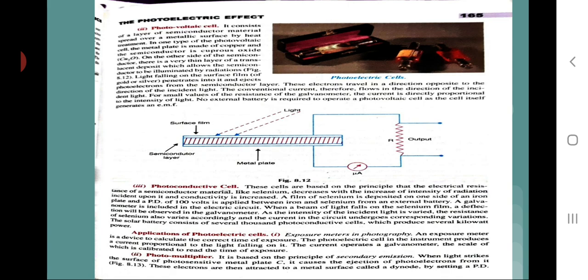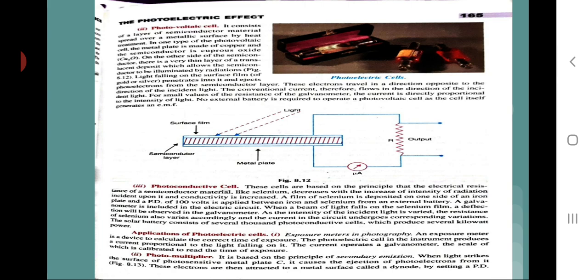On the other side of the semiconductor, there is a very thin layer of translucent deposit which allows the semiconductor to be illuminated.